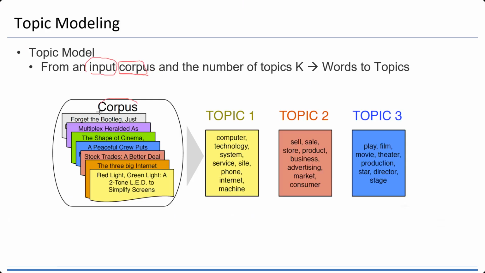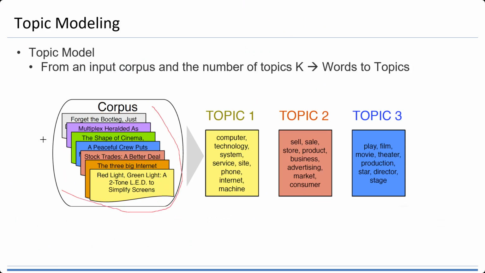So we have a lot of text, a lot of documents, and how can we know that this document belongs to a topic? How can we know that this document belongs to another topic? Or does this document belong to the same topic as document one? Then we will extract that information.